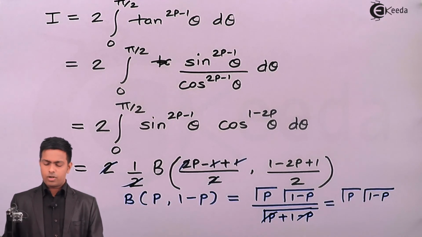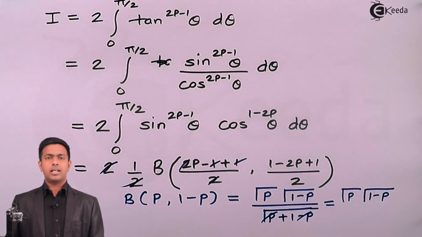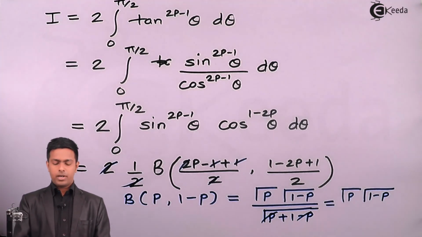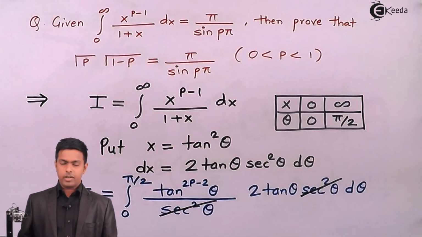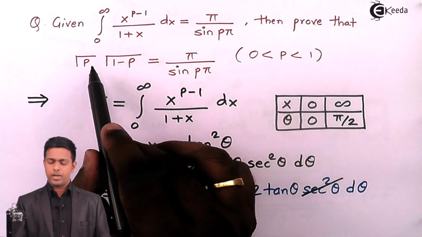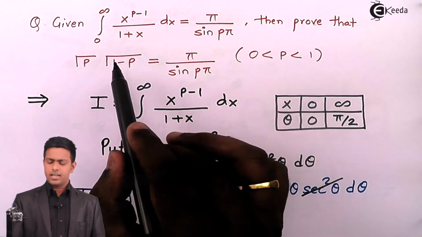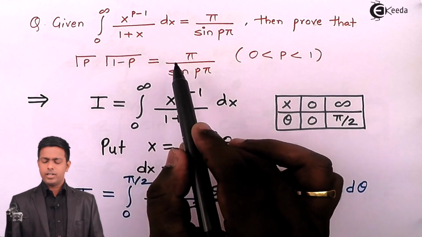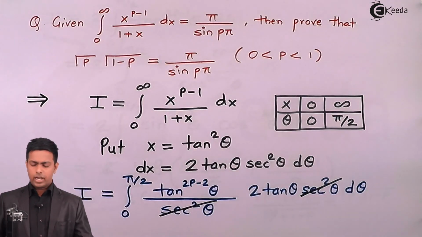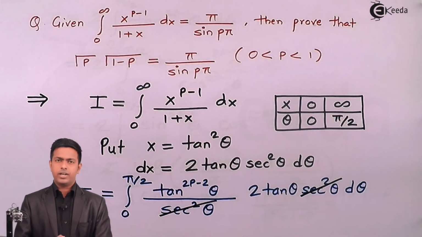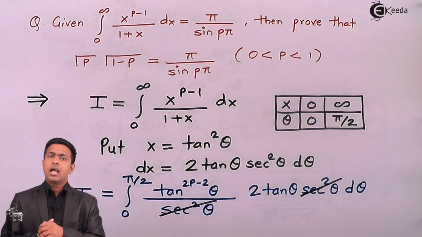So in short, we got the value of the integration as gamma p into gamma 1 minus p. As I said, if we evaluate this integration to gamma p into gamma 1 minus p, we can easily equate it with pi upon sine p pi because it is already given. So here we have proved the given result.